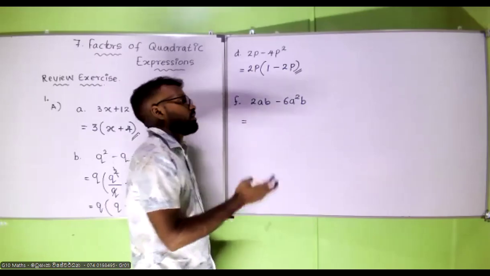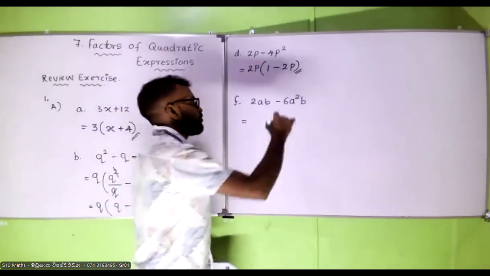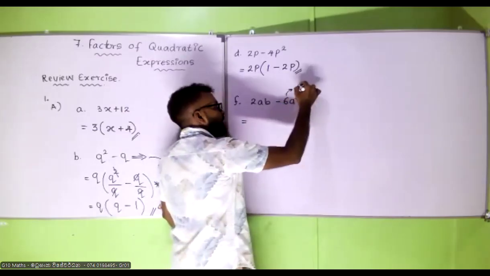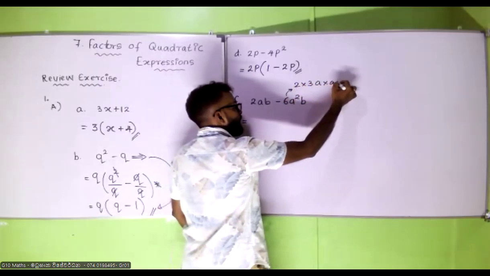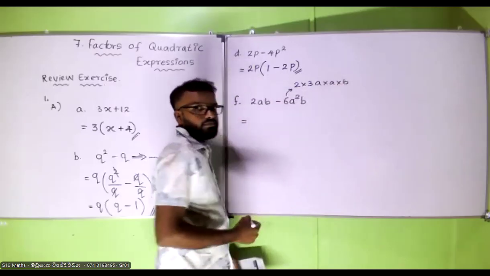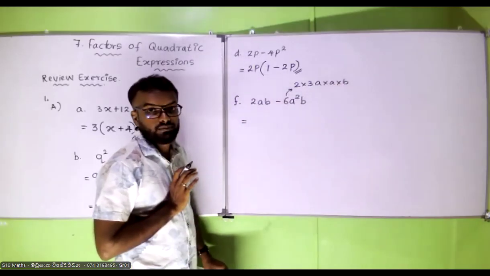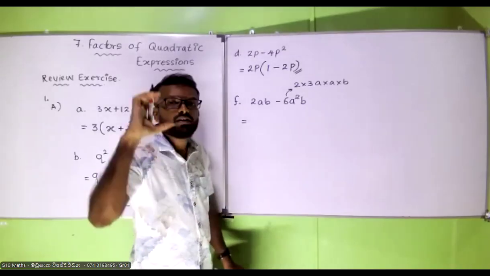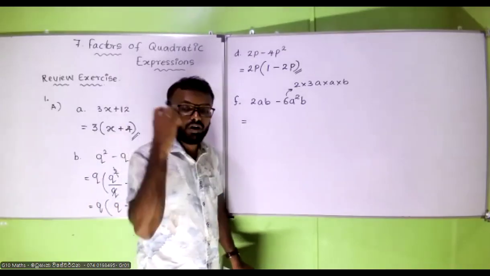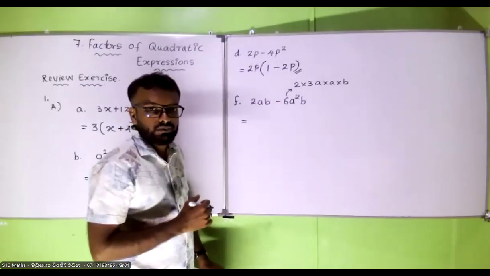If it is harder, you have to write this 2 into 3, a into a, b. If you cannot calibrate your eyes, please do the calibration of your eyes to see the important points here.